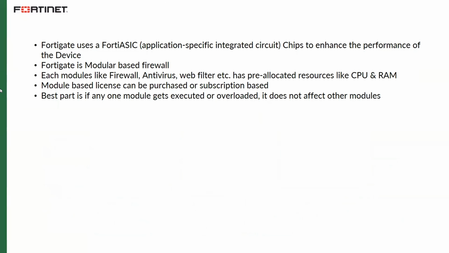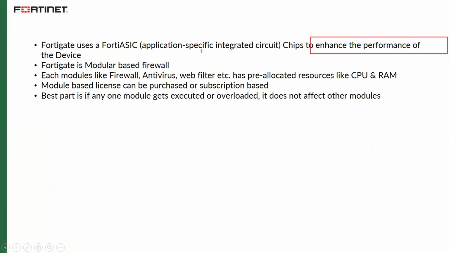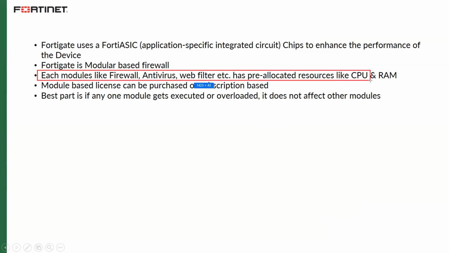Now this is a summary of the architecture. FortiGate uses ASIC. ASIC means application specific integrated circuit, or a chip, to enhance the performance of the device. This is called the ASIC feature of your CPU. FortiGate firewall is called a modular based firewall. And why is it called modular based firewall? I already explained it. Each module like firewall, antivirus, web filter, etc. has pre-allocated resources like CPU and RAM.